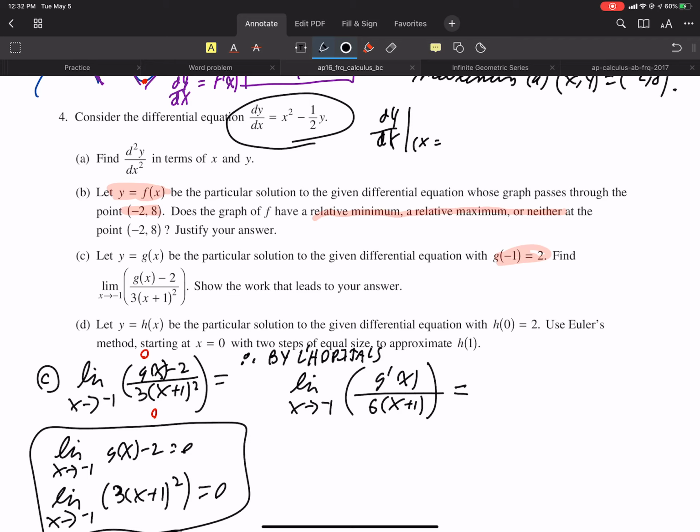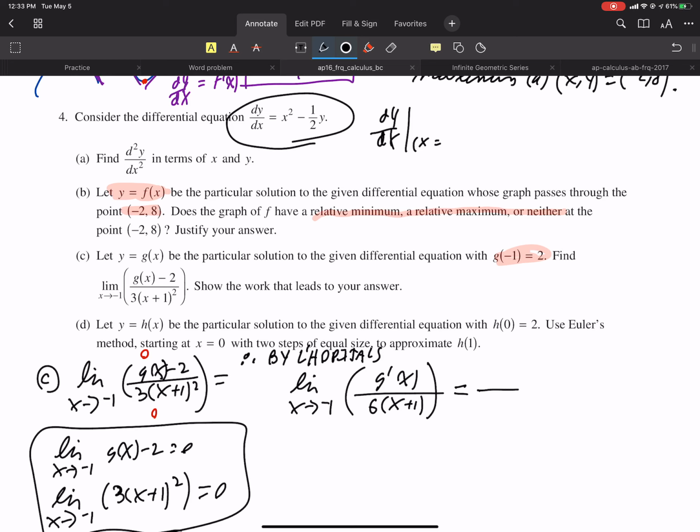No, they don't. Let me see. Sorry, guys. Am I missing something? Did I not see something? I'm not sure. Okay. The bottom, I can do that. Is it going to be 0 over 0 again? Let me see. Hold on.